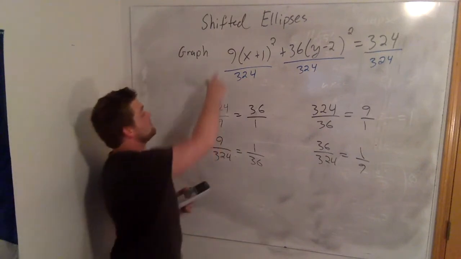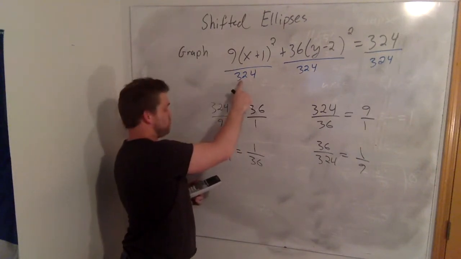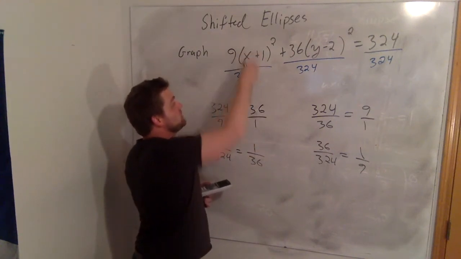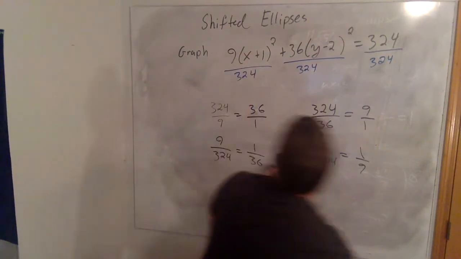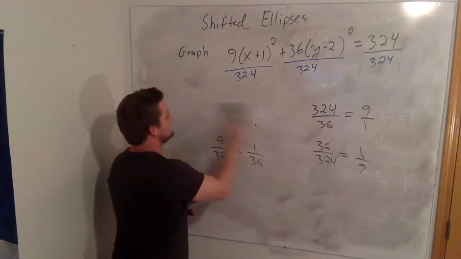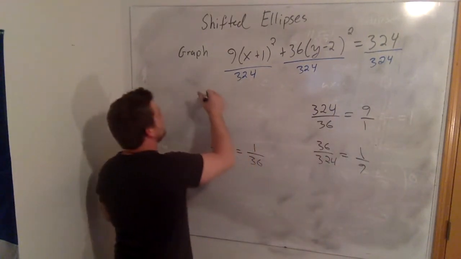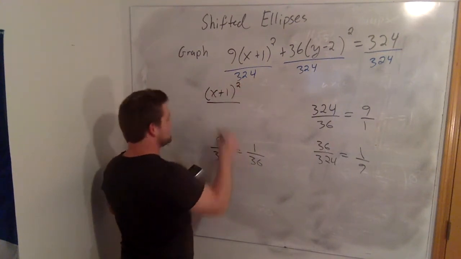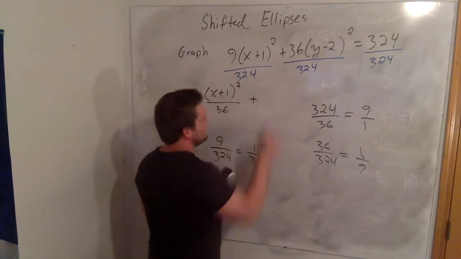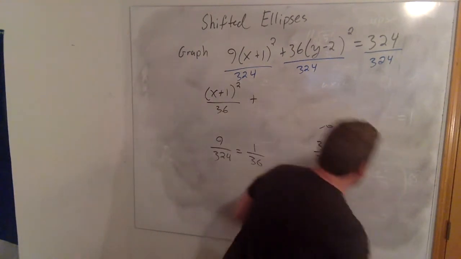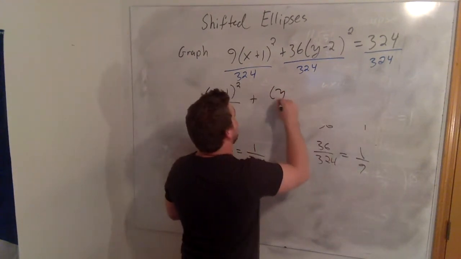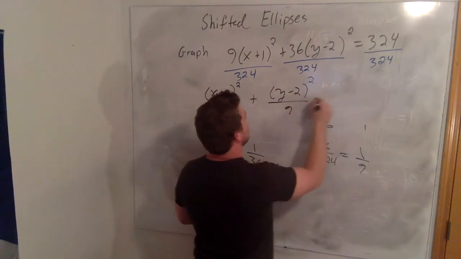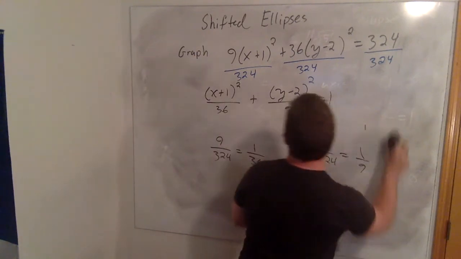So I can replace this 9 divided by 324 by a 1 over 36, or if I multiply that in, this will just be a 1 over 36, or (x plus 1) squared over 36 plus (y minus 2) squared over 9 will be equal to 1. So now we're in a good form.